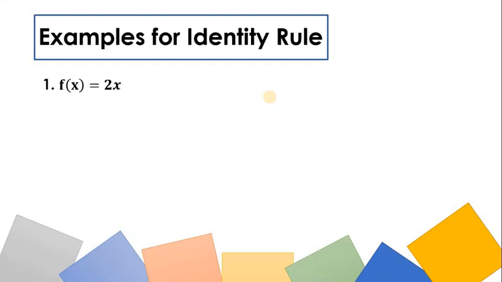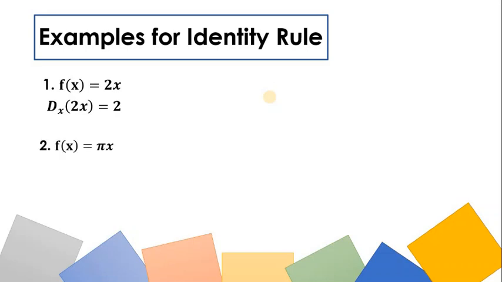We have a variable beside it, which is x, a single variable. What is now the derivative? The derivative of 2x is 2, because the derivative of x is 1, and since I have a constant beside it, I have to multiply it to the derivative of x, which is 1. 1 times 2, that is 2.